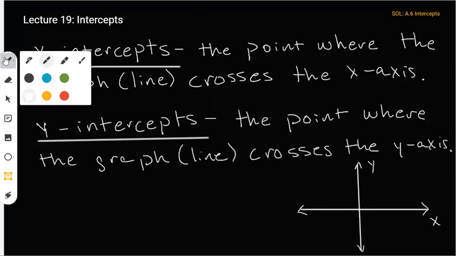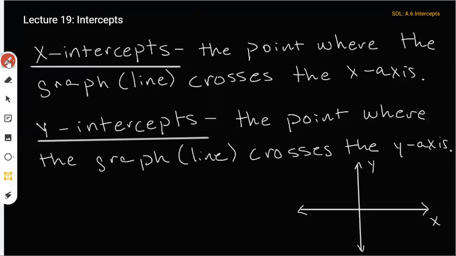So if I'm graphing a line, and I'll change my color to red so you can see it, it's going to be a straight line, and usually it'll cross both the x-axis and the y-axis. So I'm going to put arrows at both ends, and we're going to label the X-intercept and the Y-intercept.